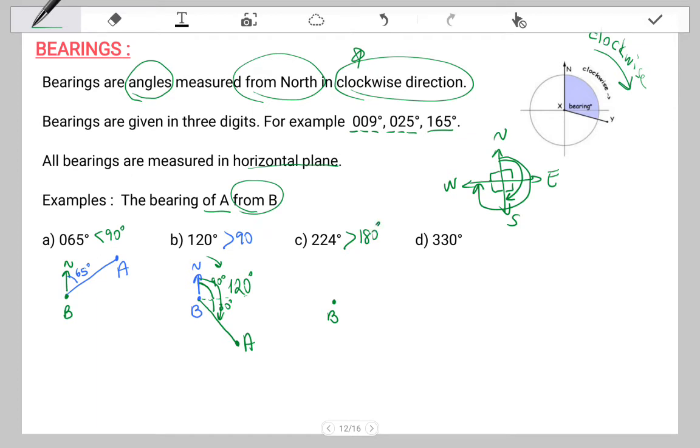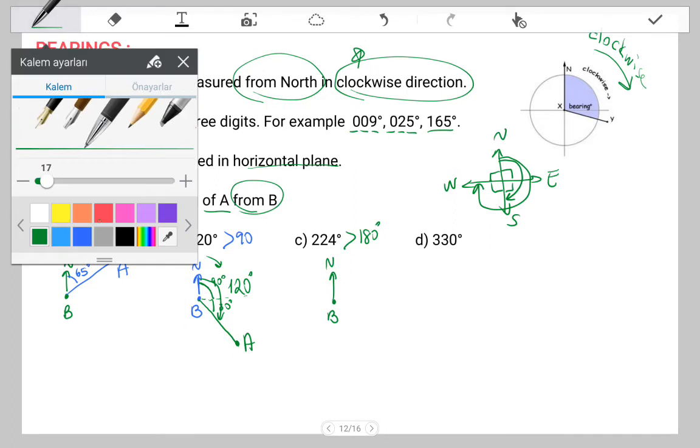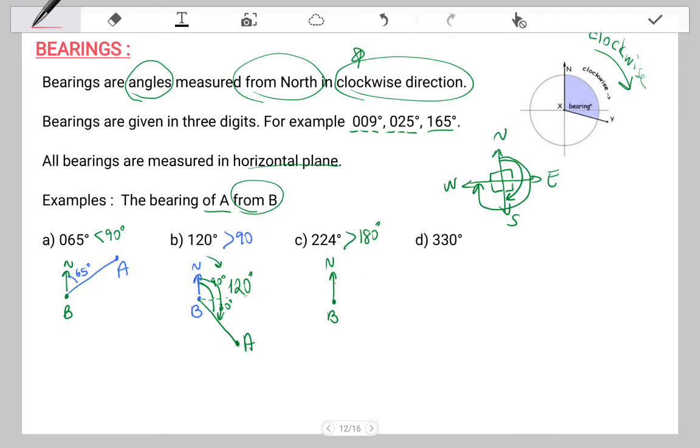So when I put north on top of B and start to turn in a clockwise direction, I come to 180 and continue 44 degrees more, and somewhere here I have the position A. 180 plus 44 is 224 degrees.